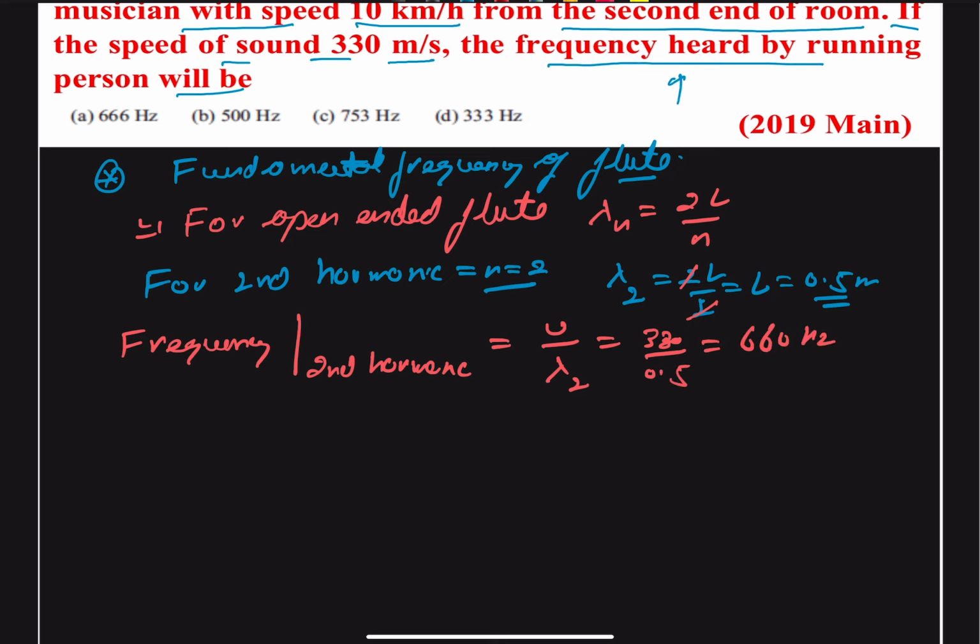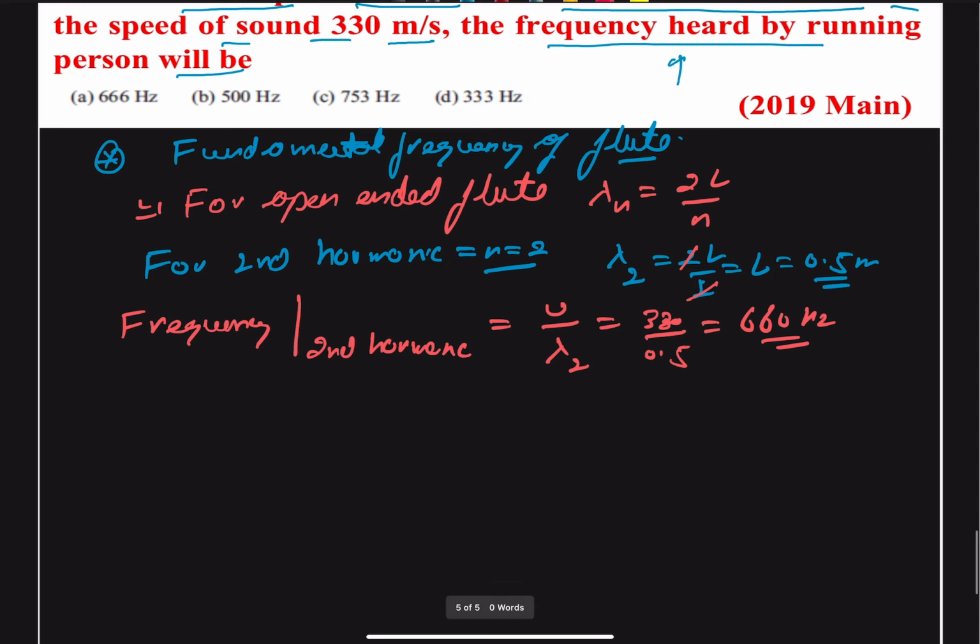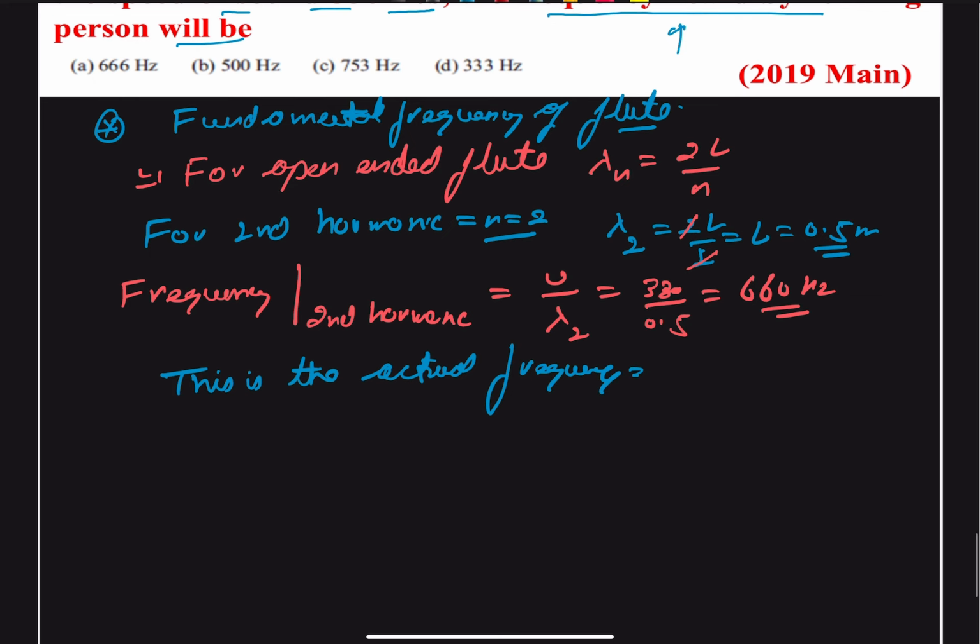So this is the actual frequency of the flute. Let us denote this by F, which will be equal to 660 hertz. Now we are going to use Doppler effect to find out the apparent frequency.